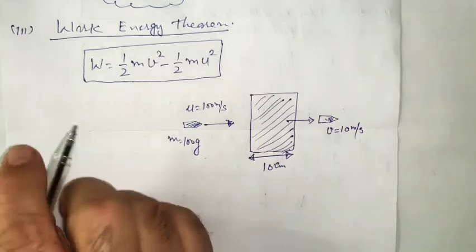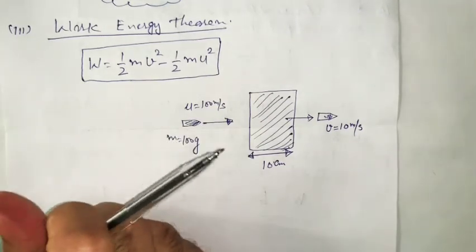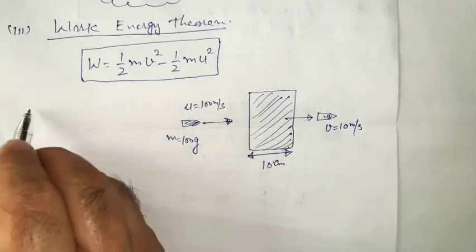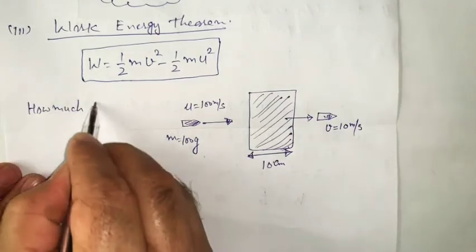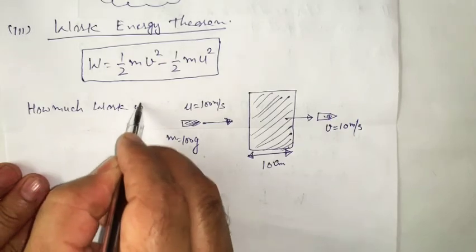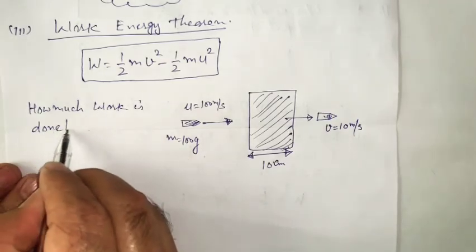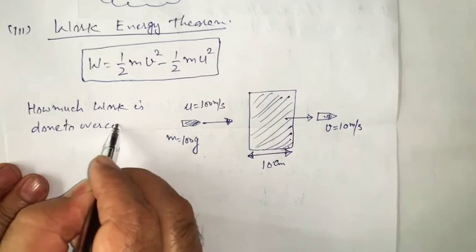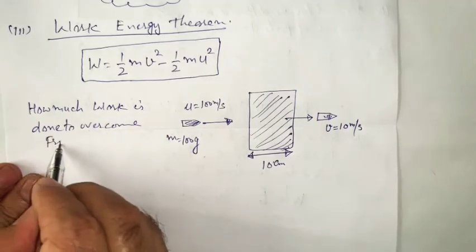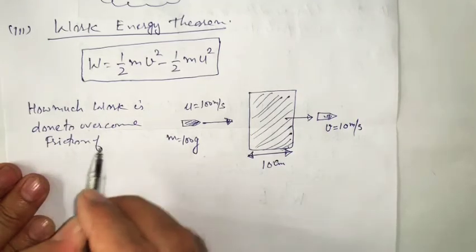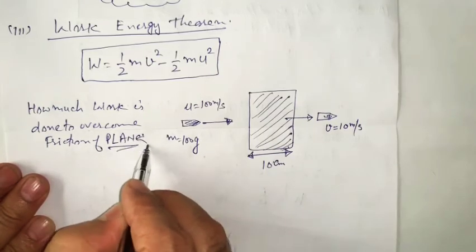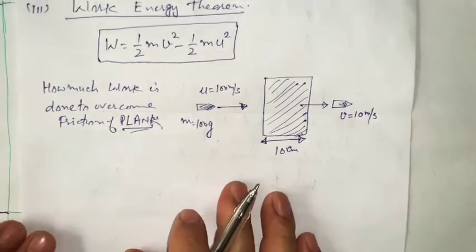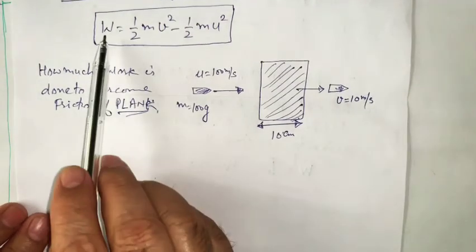The question is, how much work is done to overcome friction of the plank? The answer is very clear.